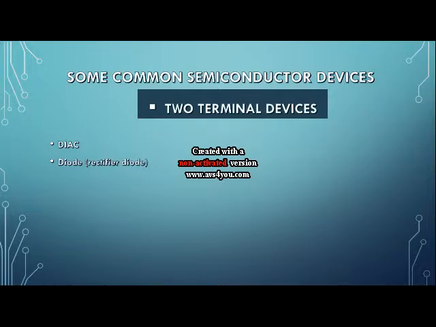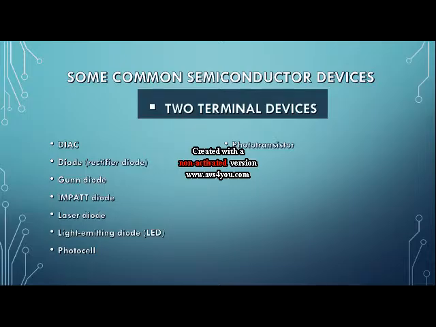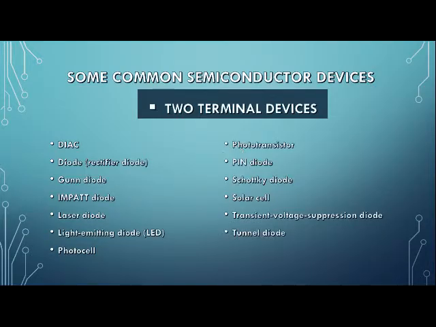There are some common semiconductor devices which operate on two terminals: diode, Gunn diode, IMPATT diode, laser diode, LED (light emitting diode), photocell, phototransistors, Schottky diode, PIN diode, solar cell, transistors, transient voltage suppression diode, tunnel diode, varicap diode, Zener diode.